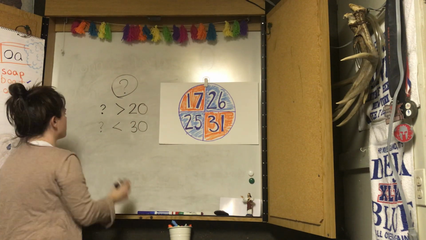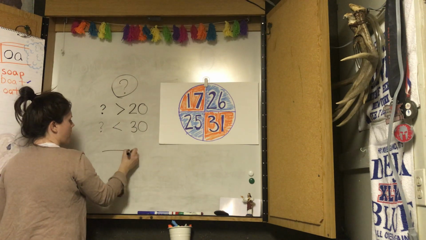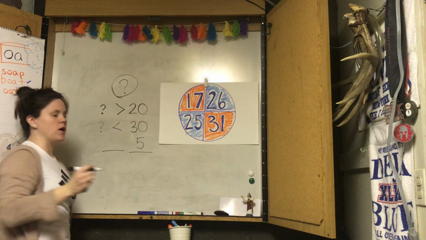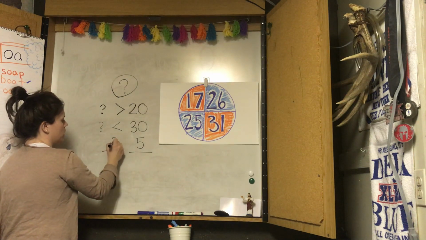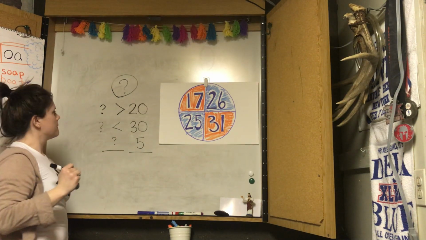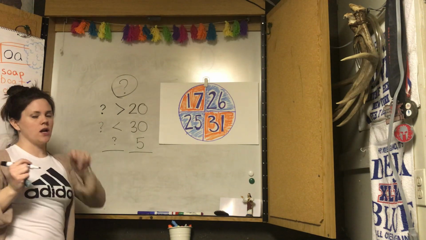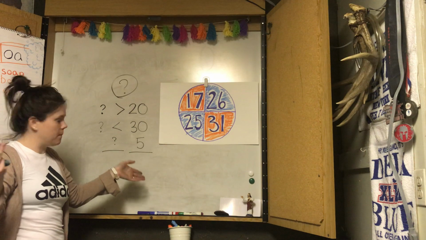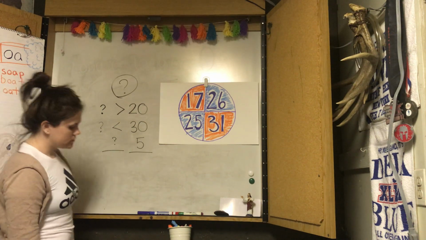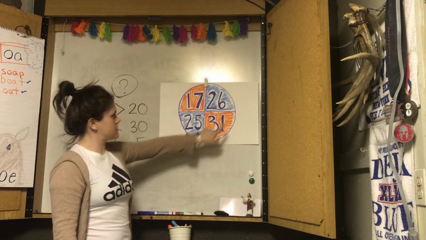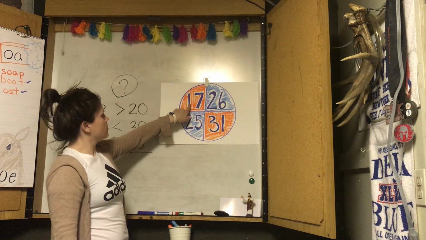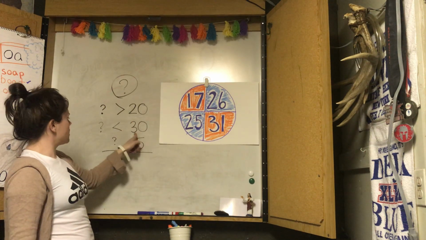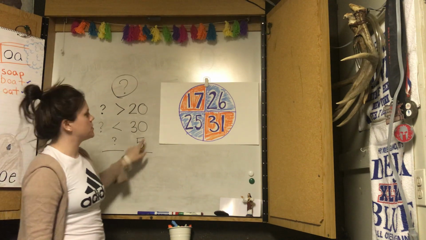Our mystery number has a 5 in the ones place, but we don't know what's in the tens place. Those are 3 things that I know about this number. Do you think that's enough to help us figure it out? I bet it is. Okay, let's start here. Our 3 clues are it's greater than 20, less than 30, and it has a 5 in the ones place.